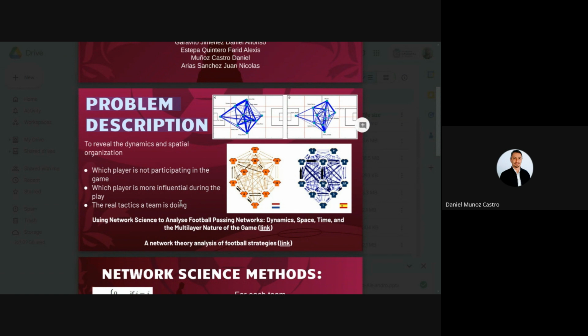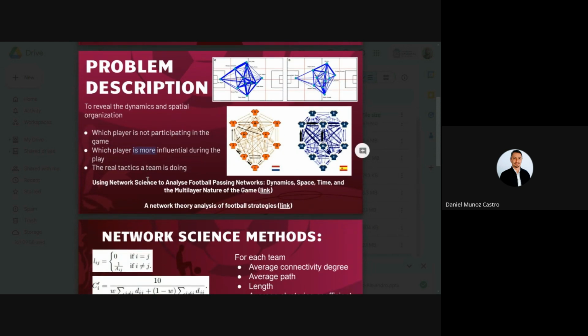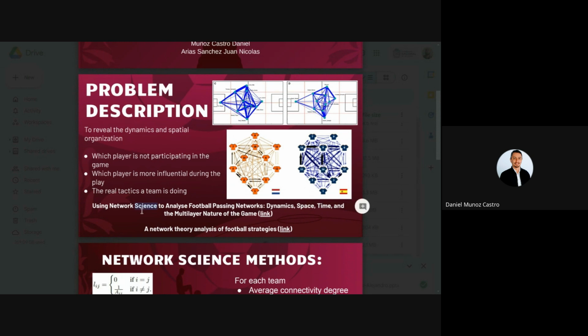So we take information from a match between Real Madrid and Barcelona of Spain's National League to simulate what the paper does.